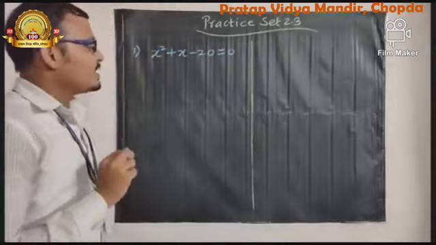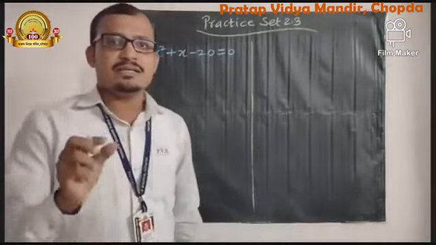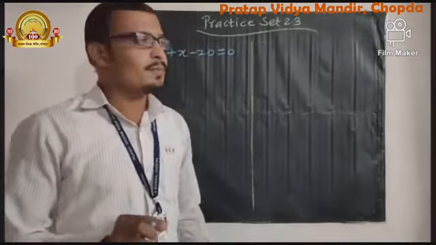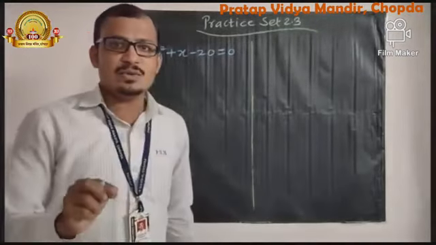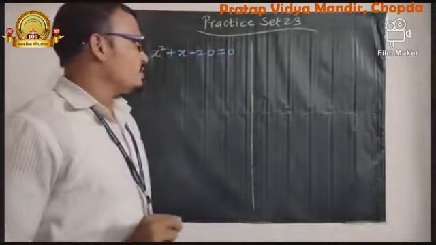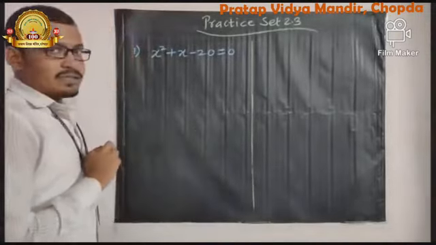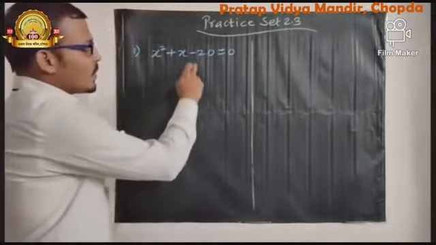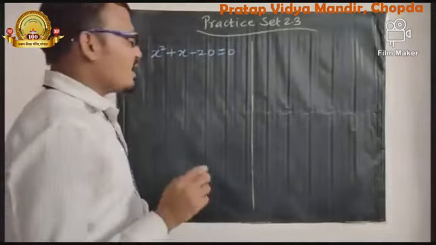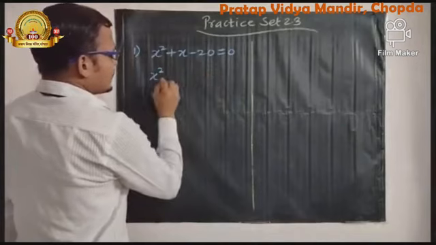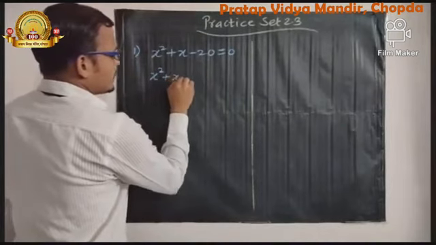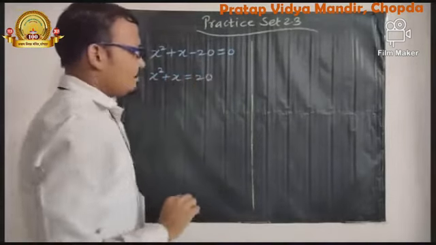Then write the given equation in its standard form, and here clearly the equation x square plus x minus 20 is equal to 0 is in its standard form. Then next shift the constant term to the RHS. So let us shift minus 20 to RHS. So we get x square plus x is equal to 20.